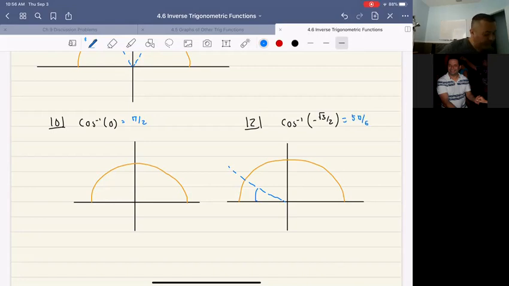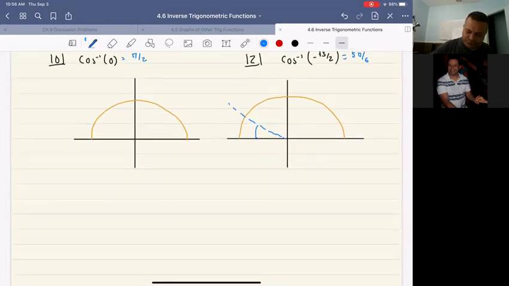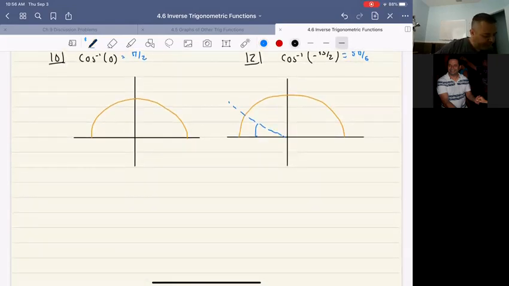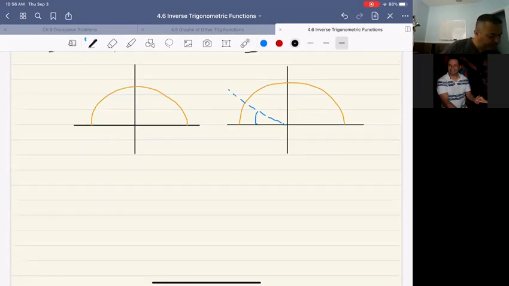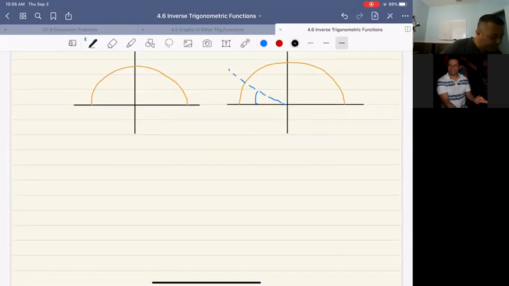Okay. The next problem, let's do another. Let's do a couple more of these. Let's do sine inverse, this is number 16. I'm going a little off script.